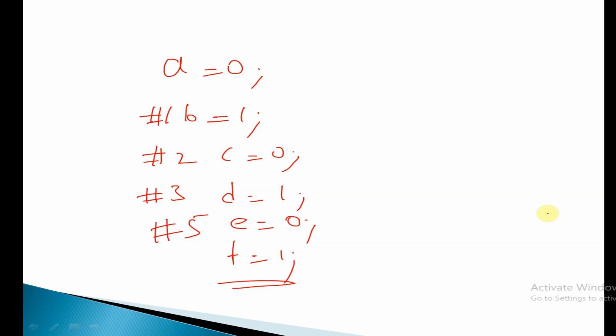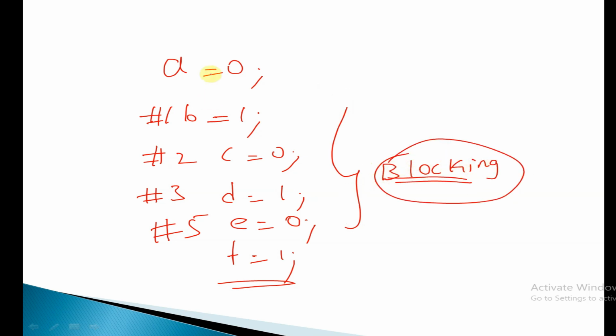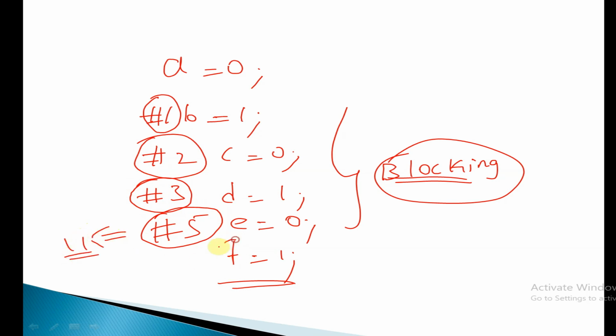Look carefully. In the case of blocking operators, the delay values get added. Here the delays are 1 plus 2 is 3, plus 3 is 6, plus 5 is 11. So after 11 time units, f will be equal to 1. This is how a blocking operator with a delay gets executed; the delays get added.